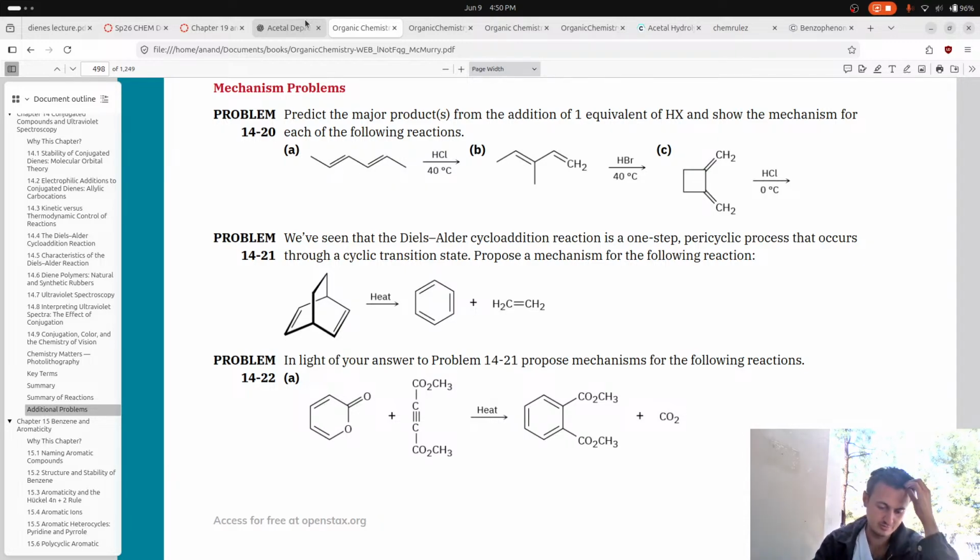And you can do it with a triple bond. And so the mechanism here is we end up with ethene. So here's what's going to happen.